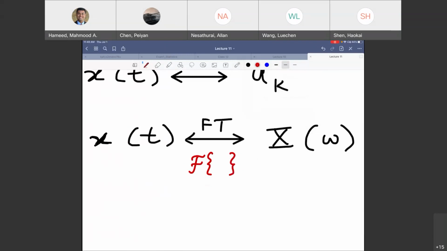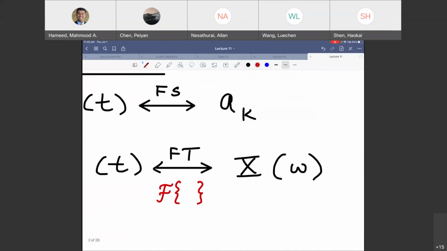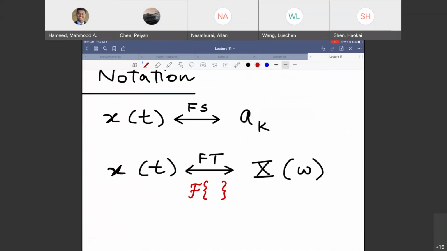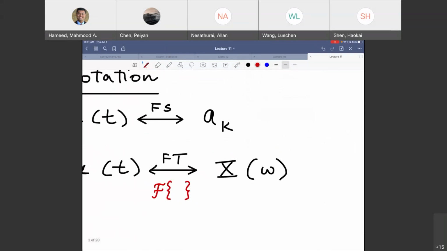Fourier transform. On the right, what do you have? Cap X of omega. So on the left, in the time domain, you use small letters, x, m, s, whatever you have, but small letters for time domain. But for your frequency domain, you use cap X.